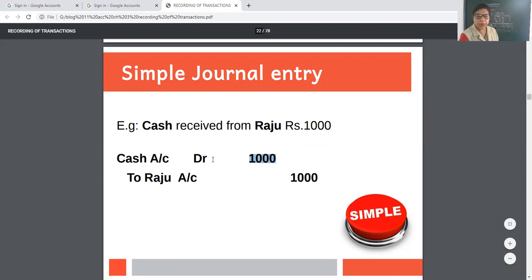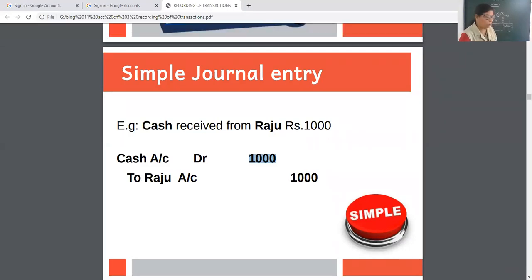Cash account debit to Raju's account, 1,000 debit, 1,000 credit. Now, my dear children, never write CR for credit. In place of credit, you are writing 2. And never write DEBIT in full. This is not allowed. DR represents debit.